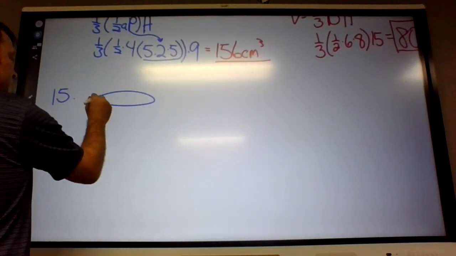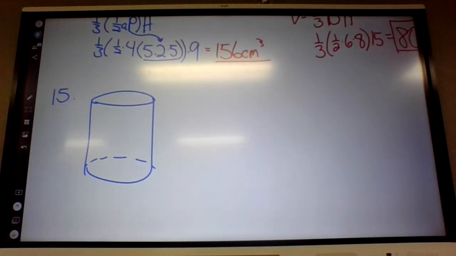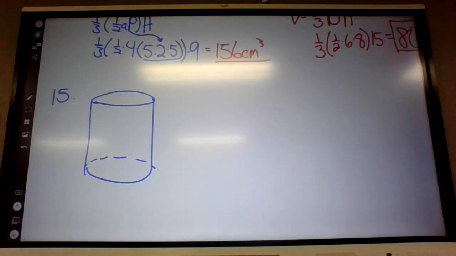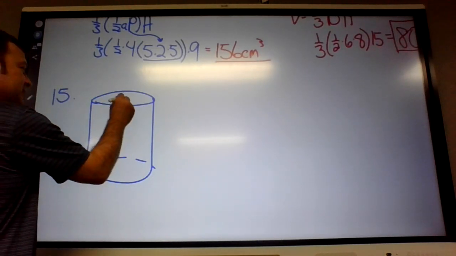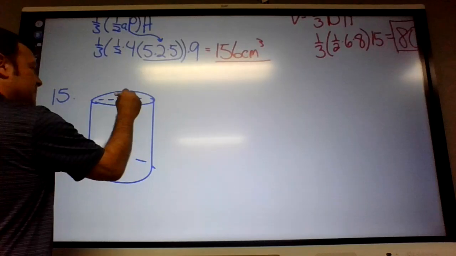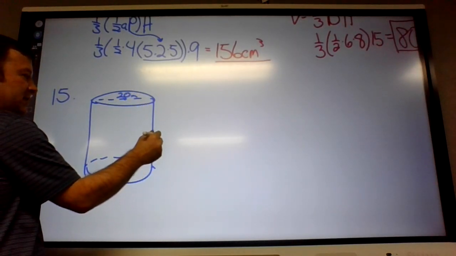You just draw an oval, lines down, bottom of an oval, dot around. Oh, there's a trick on this one a little bit. It's a trick we've seen once today.